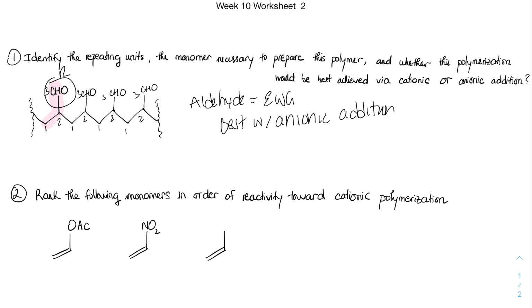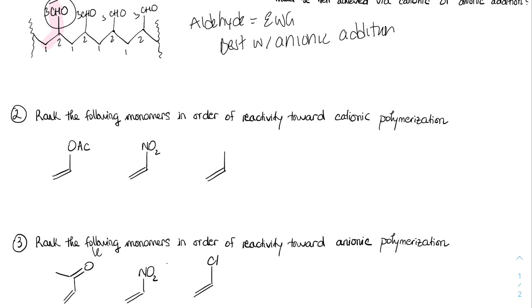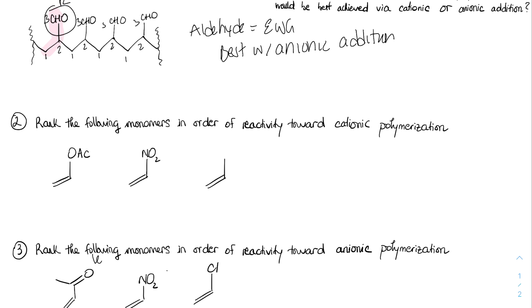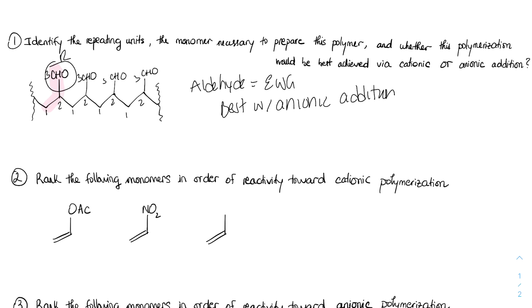Okay, so for the next one, they're asking us to rank the following monomers in order of reactivity towards cationic polymerization. And I just want to quickly explain the difference between monomer and polymer. So if I have a repeating chain, so let's just say it looks something like this.